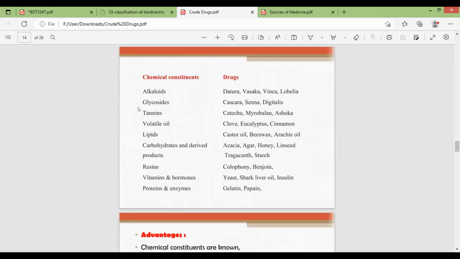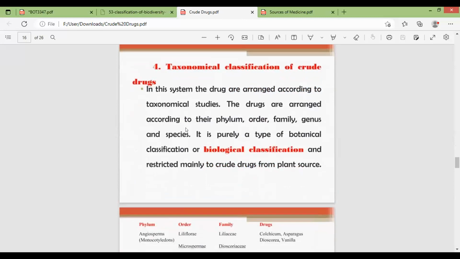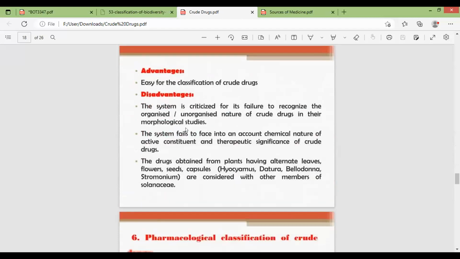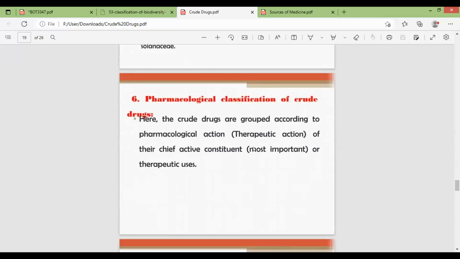The alkaloids, the glycosides. Taxonomy is just based on which family it's obtained from, which genus, which species, all of that. That's taxonomy.